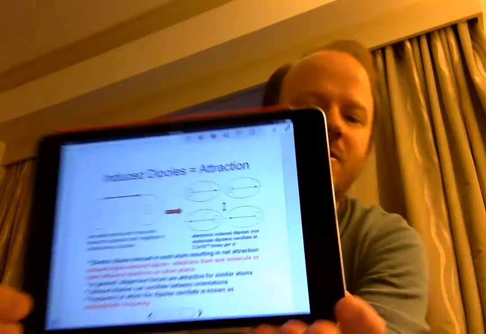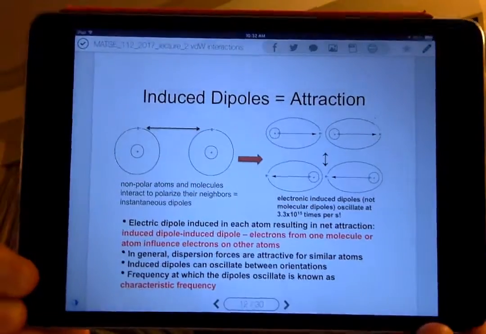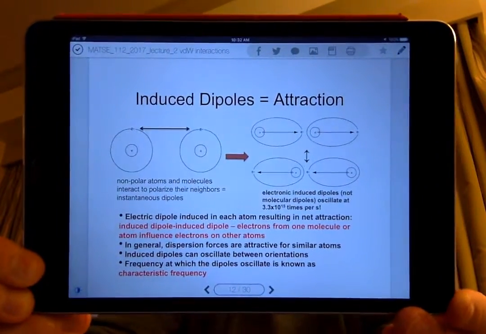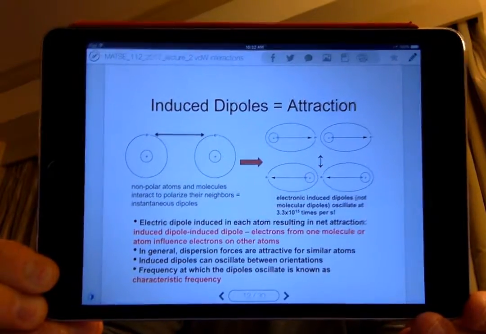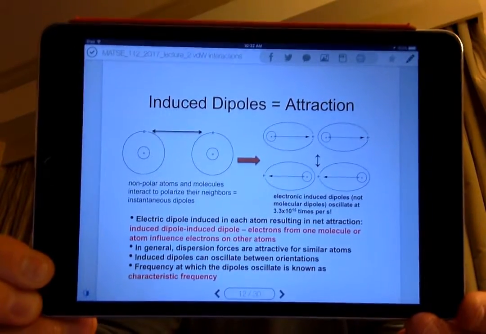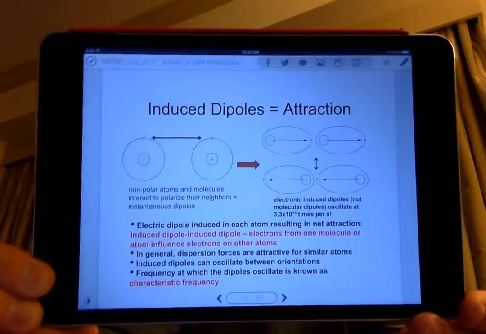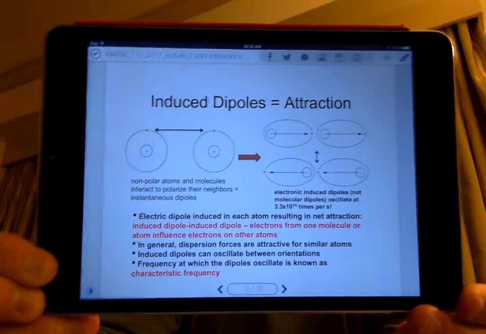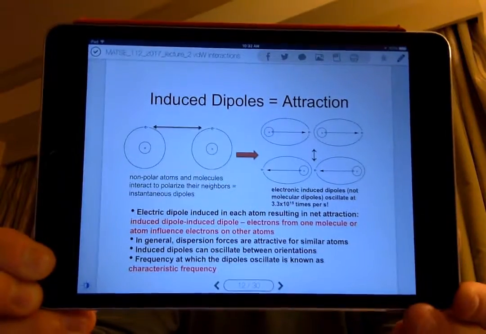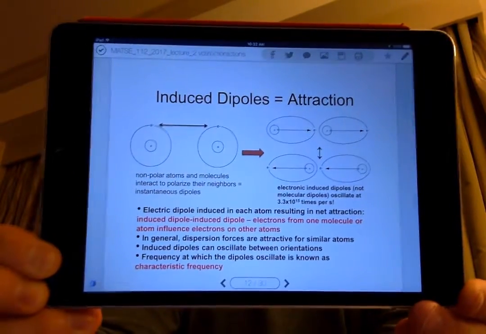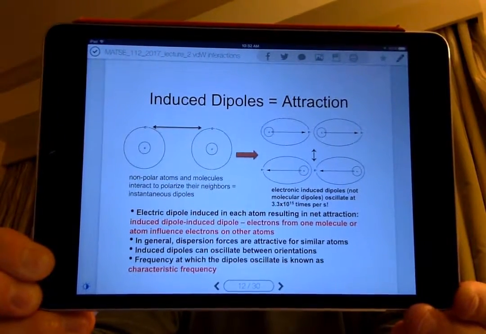What happens in the interaction of these electron clouds is that we get induced dipoles. These induced dipoles are what cause attractive forces between molecules, and this is why van der Waals forces are generally attractive, because every molecule undergoes induced dipole. Once we have a positive and negative induced dipole, those can cause the molecules to become attracted to one another.